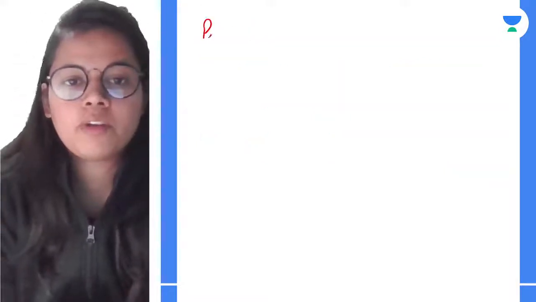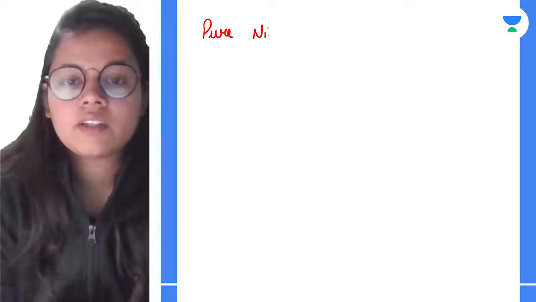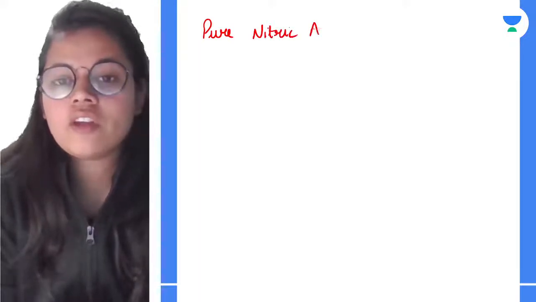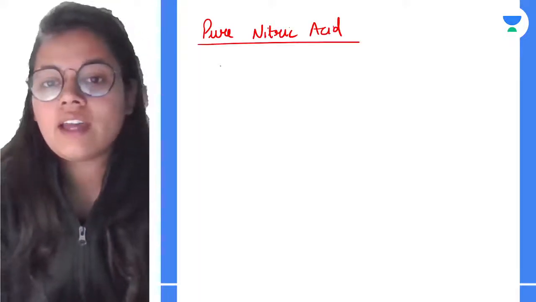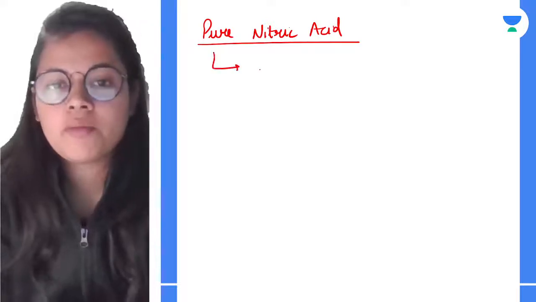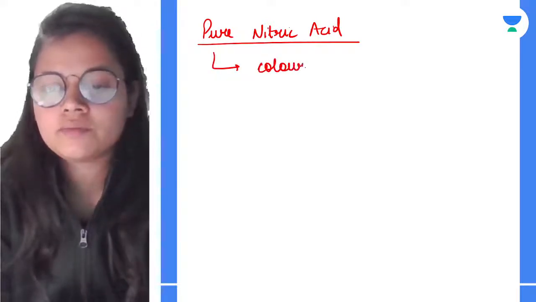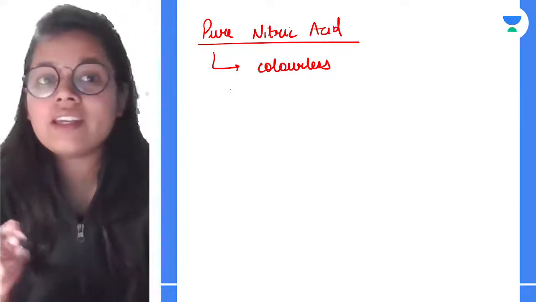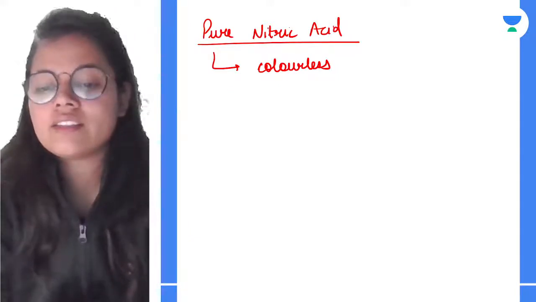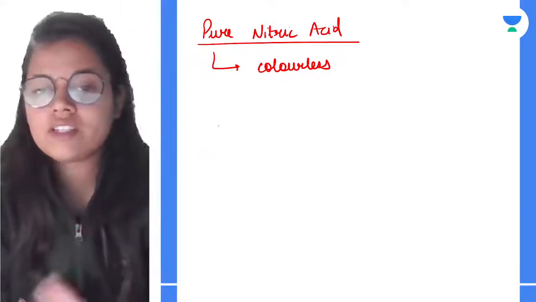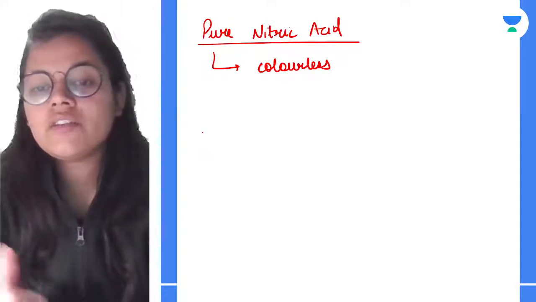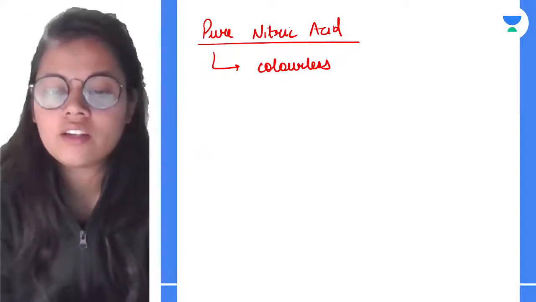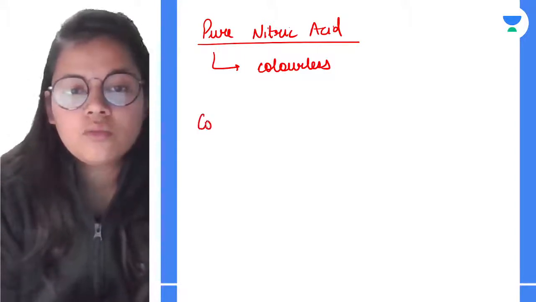talking about pure nitric acid. If we are getting the nitric acid in the purest form, it will be colorless. But there can be a question: the commercial sample will be a kind of pale yellow in color. So why is it so?